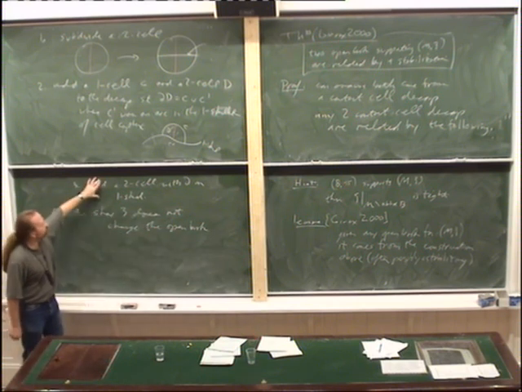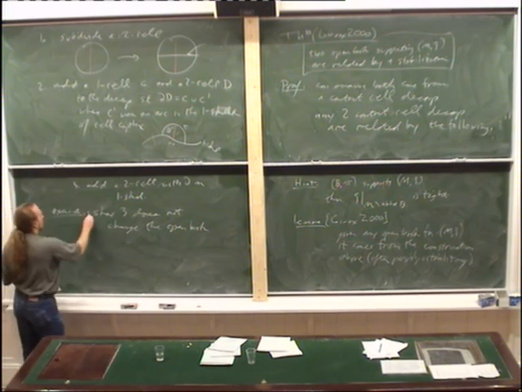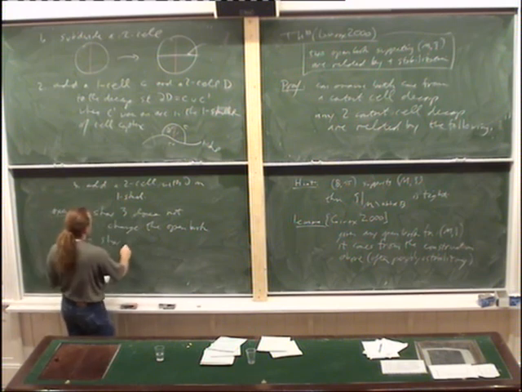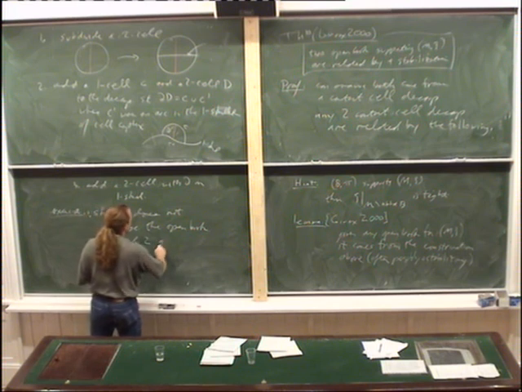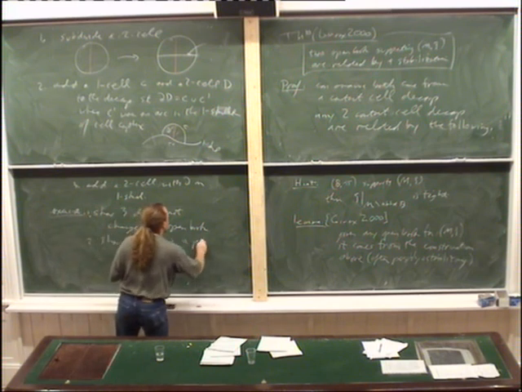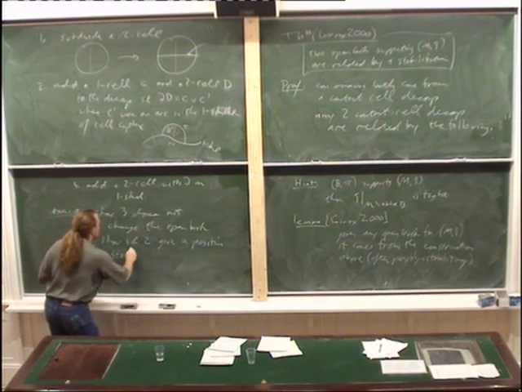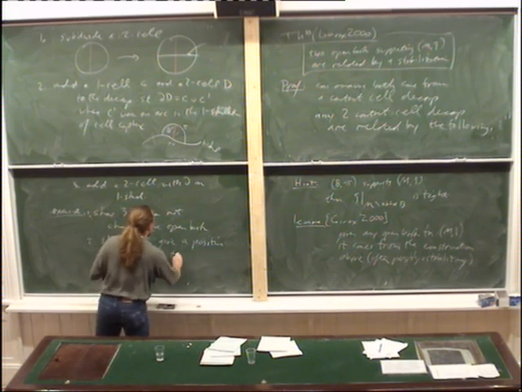And if you do move 3, you don't change the open book associated to the cell complex. And part 2, show 1 and 2 give a positive stabilization to the open book.